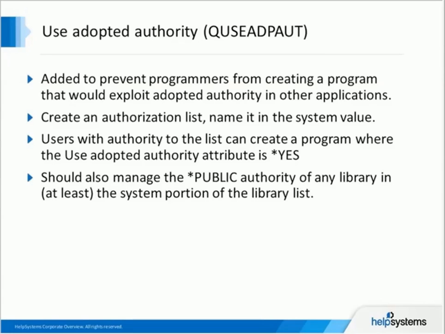So once the program starts to adopt, if it remains in the stack, all subsequent programs can use that adopted authority. If for some reason you don't want it to use adopted authority, you can control who can create the programs that say to use adopted authority by using this system value. It's very rarely used, but it's out there.